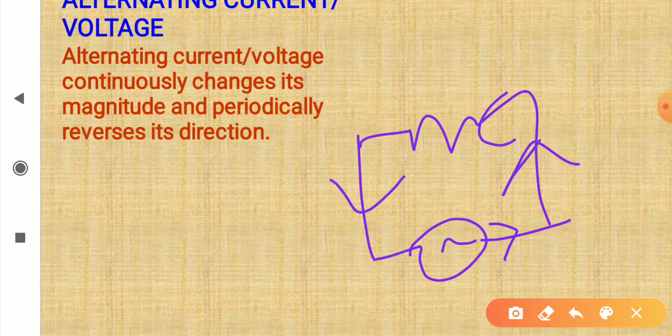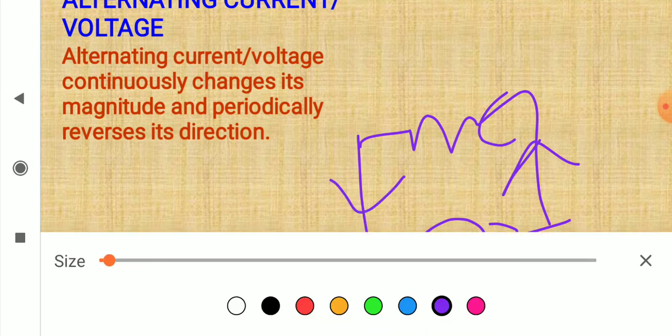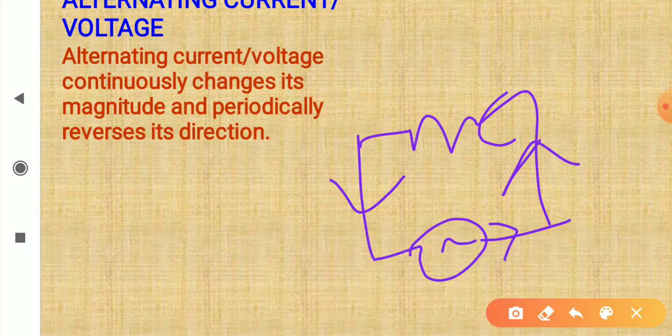So this happens continuously. For half cycle it is anti-clockwise, for the second half cycle it is clockwise, and the changes are sinusoidal, according to a sine wave.